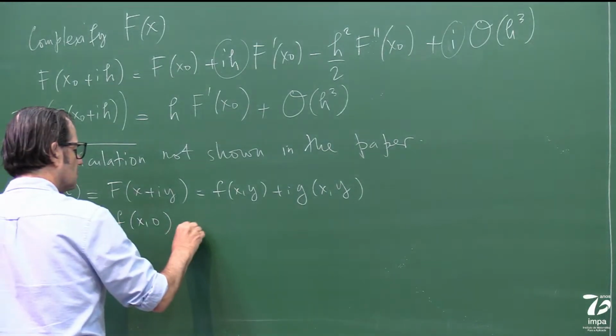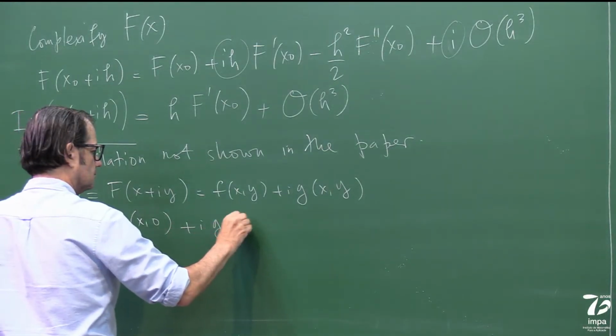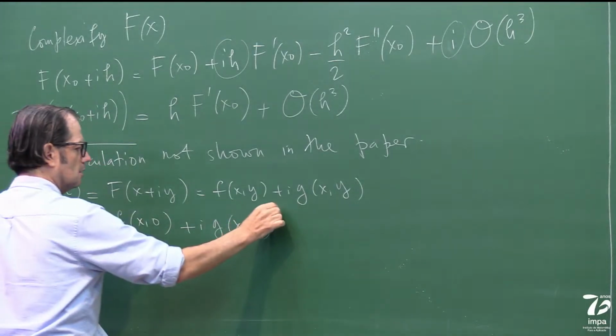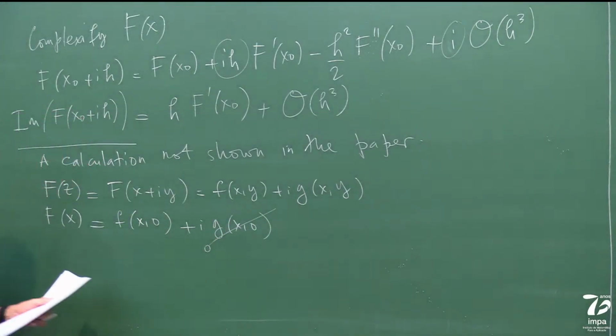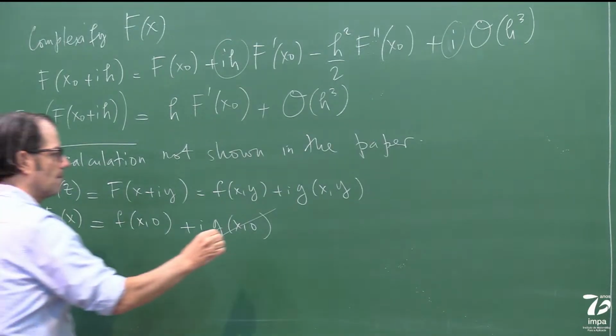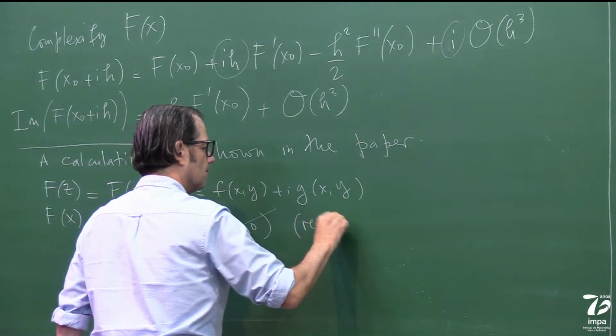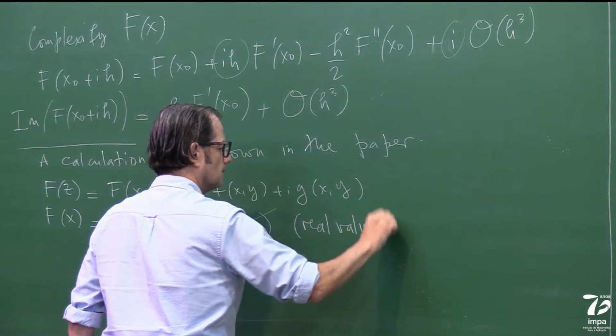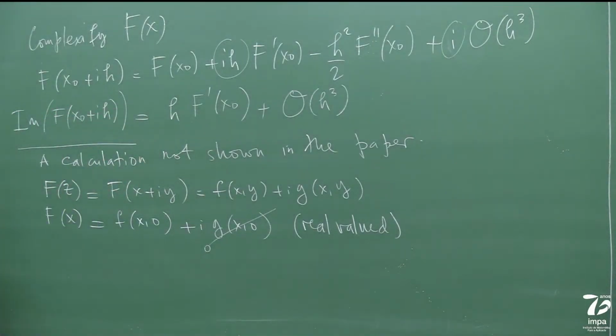Which is this, but this is 0, right? Because this is a real valued function, right? Remember. Real valued. Do you agree?